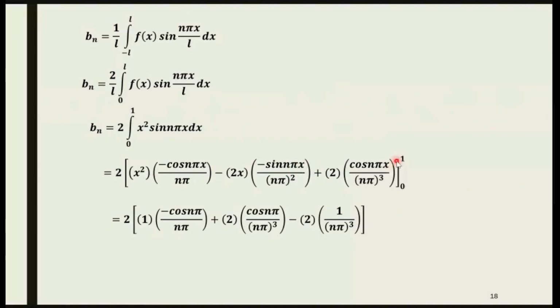This is 0. When x is equal to 1, we get this. When x is 0, first term 0, second term 0, lower limit है तो minus sign, और यहाँ पे x को 0 पुट करना है तो 1 upon n pi the whole cube. So all the three terms are there in the bn function. Check whether that function is that, and this bn is true for all the values of n.